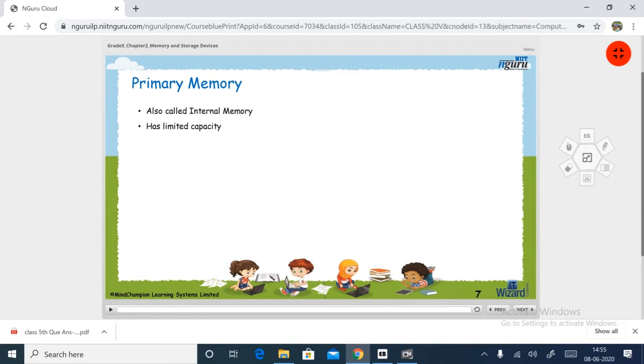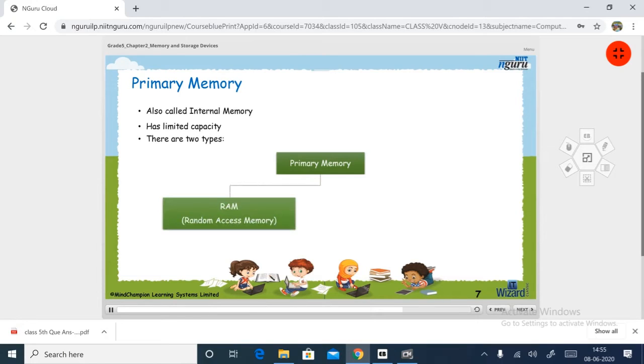It has limited capacity and is divided into two types. First is RAM, which is called random access memory. The second one is ROM, which is known as read only memory.